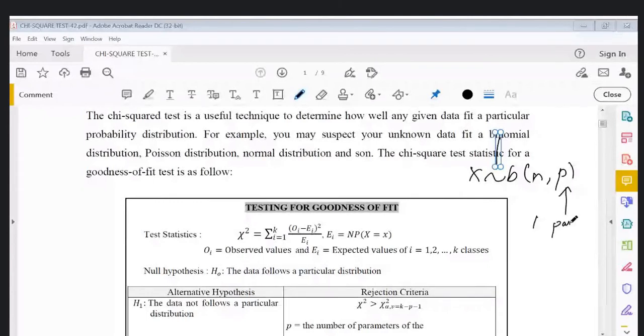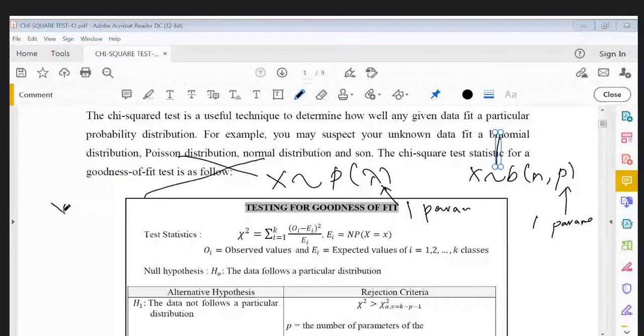For Poisson, X follows Poisson with lambda; lambda is just one parameter. If you want to test a normal distribution, X follows normal with mu and variance, so for normal we have two parameters.